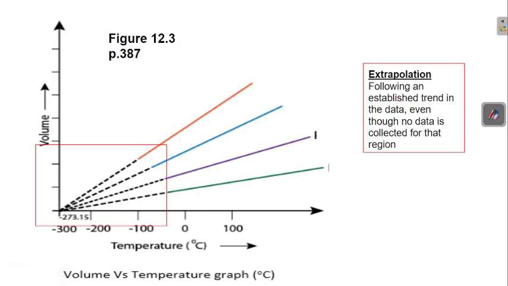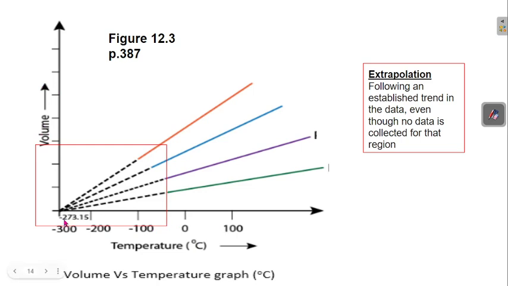Usually extrapolation works. Sometimes it doesn't. But at this level, we're going to say that extrapolating just means follow that trend, even though you don't have data for it. This is what you think is going to happen because this is what it looks like is happening, kind of thing. And here you have a temperature again versus volume. It's in Celsius for right now.